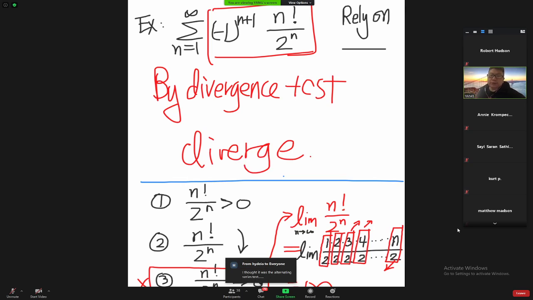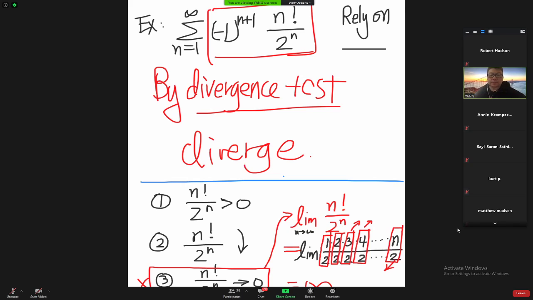The alternating series test also uses the divergence test. This one fails the alternating series test, but also from the divergence test it diverges. That's not a contradiction. A could use B, B could use A, right? They are helpful for each other.